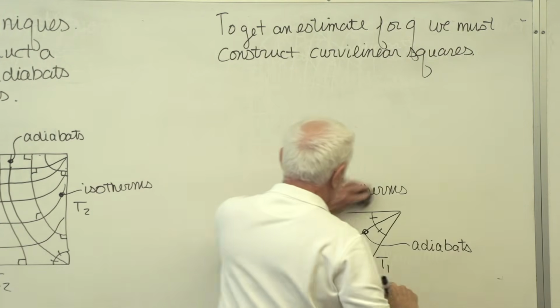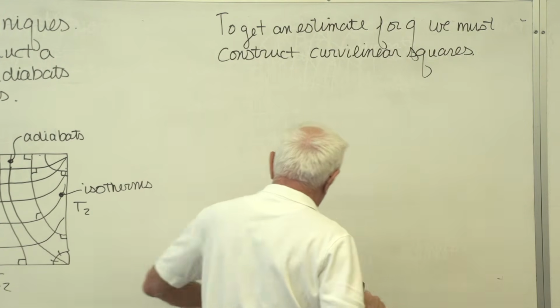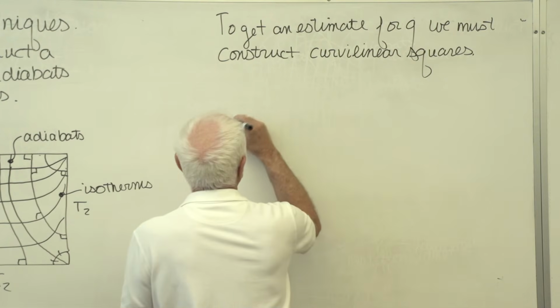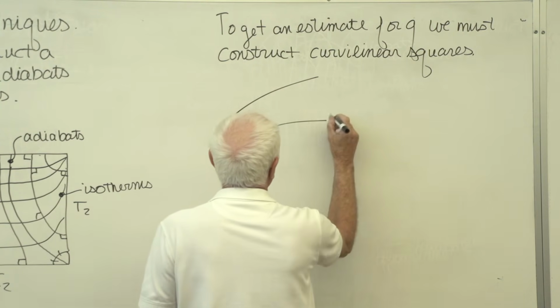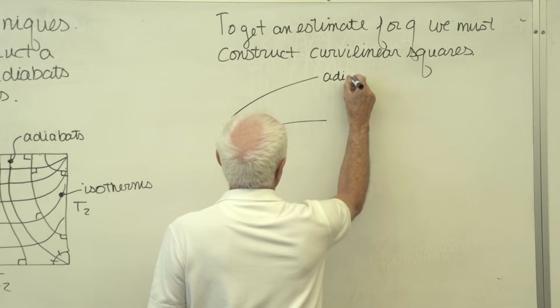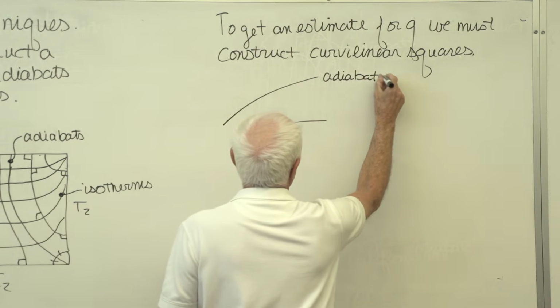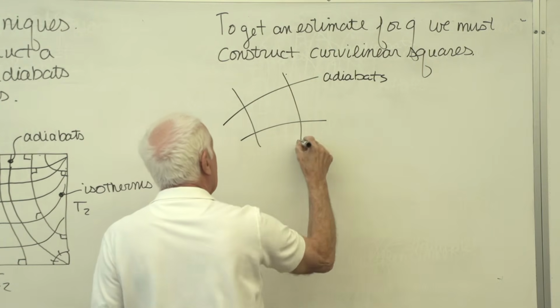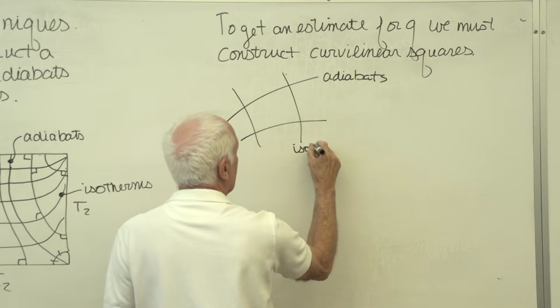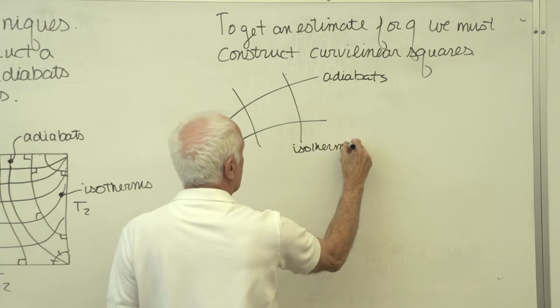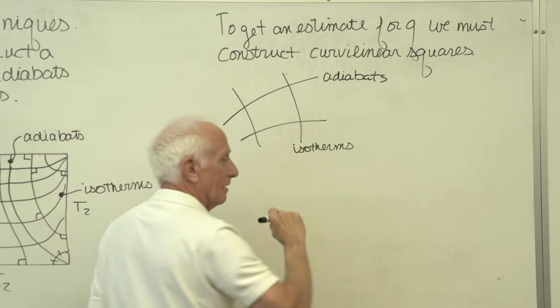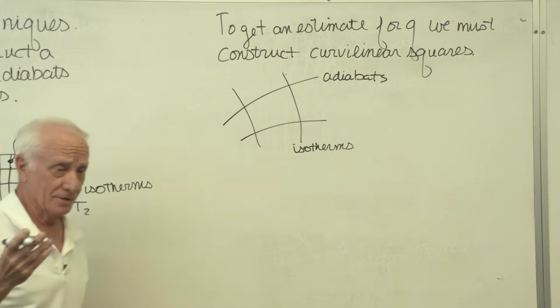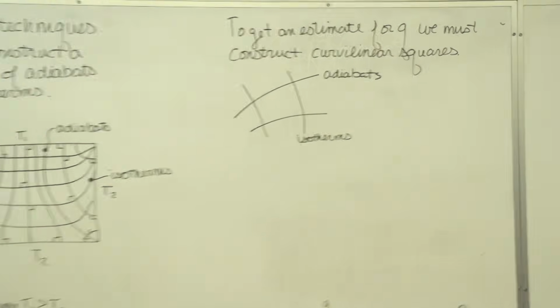Here's a curvilinear square. Here's the adiabat. Here's the isotherms. Of course, they're called curvilinear squares because the sides are curves.